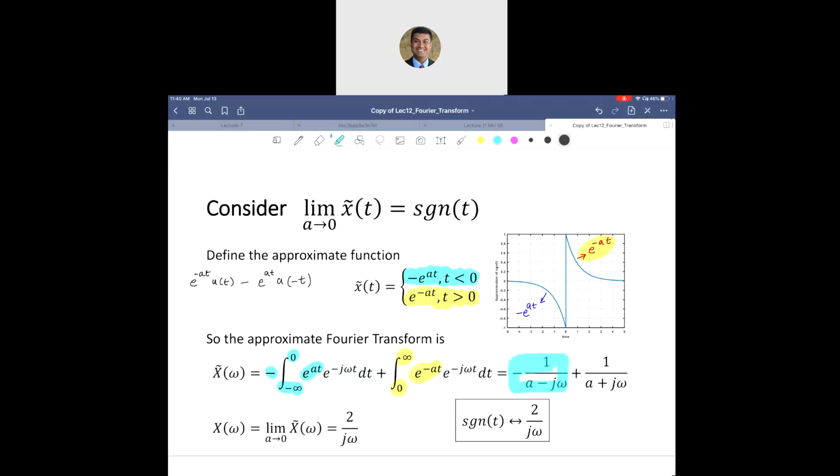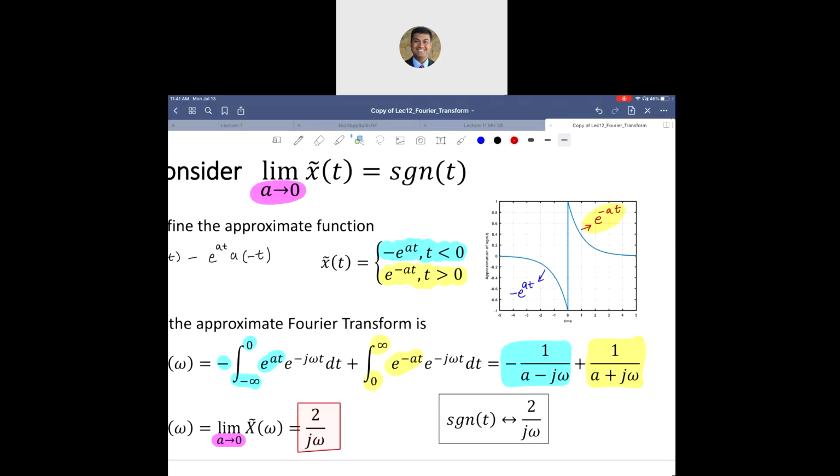One is for the blue and the other is for the yellow. And now you evaluate a tends to 0. When you evaluate a tends to 0, you get your answer for the Fourier transform of the sine function as 2 divided by j omega.